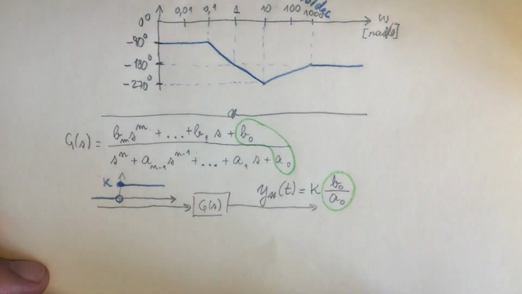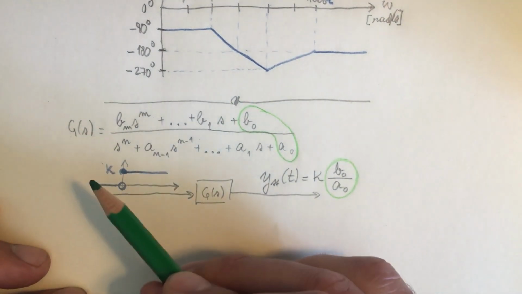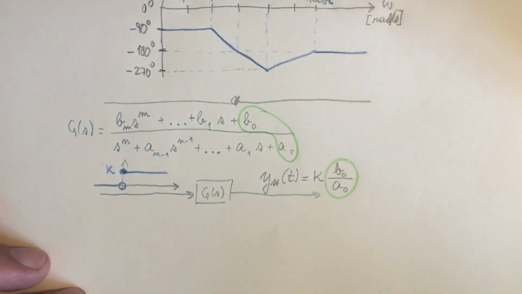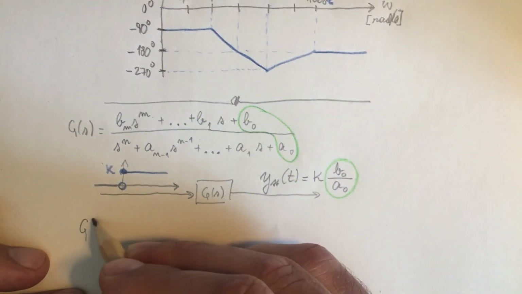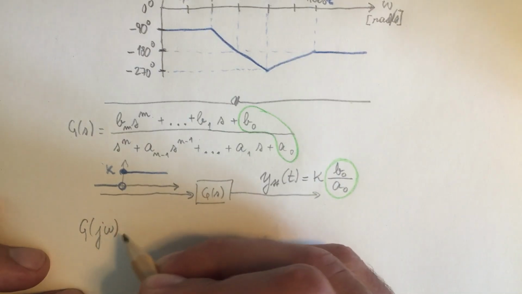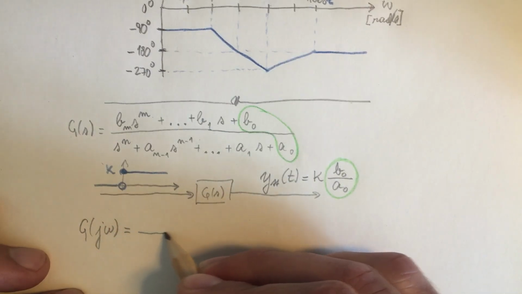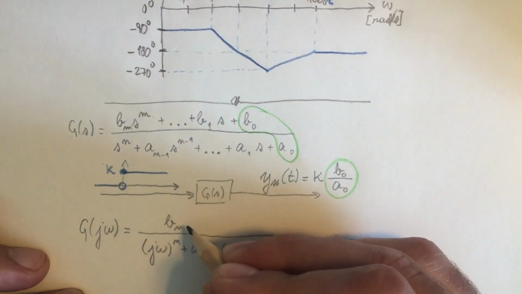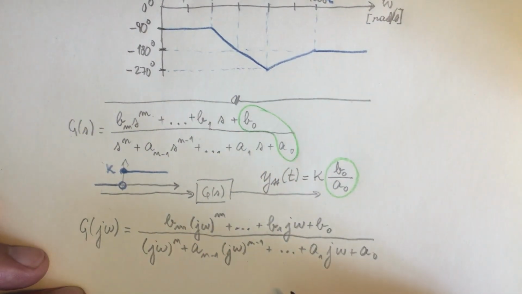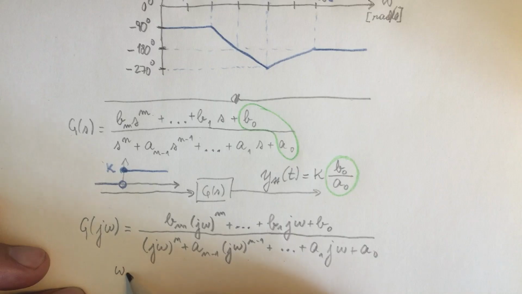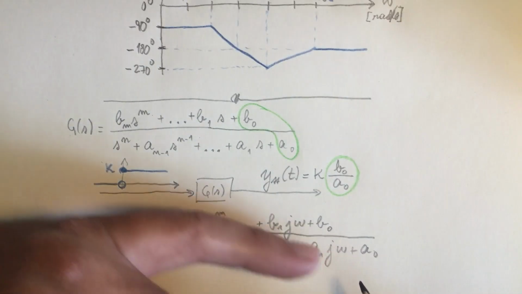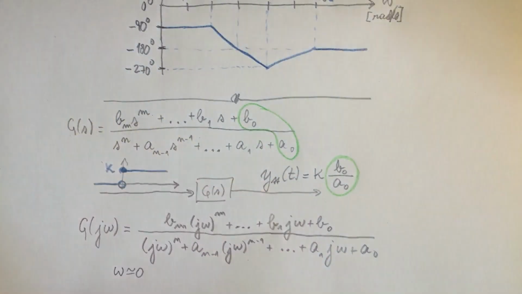Now let us think about what happens in the Bode diagram of G of S at low frequencies. What we are plotting in the Bode diagram is the absolute value and the phase of this. At low frequencies, when omega is nearly 0, all these terms become irrelevant, and so do all these.